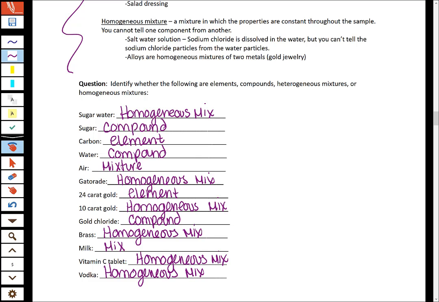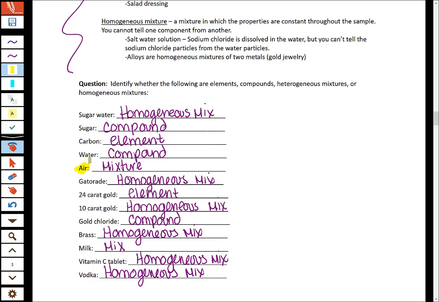Okay, so we're back. I have written out the answers to these, and I want to go through the couple that are, I guess, arguable, right? So first of all, air. I just wrote mixture here. And I wrote mixture because depending upon where you're looking depends upon if you're calling this homogeneous or heterogeneous.